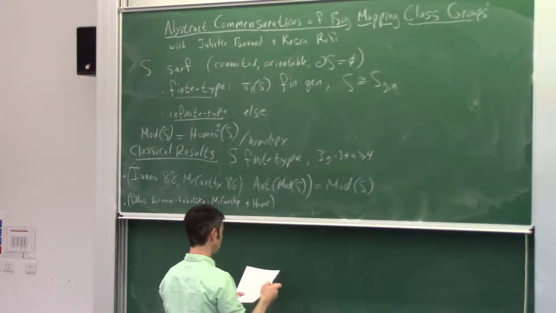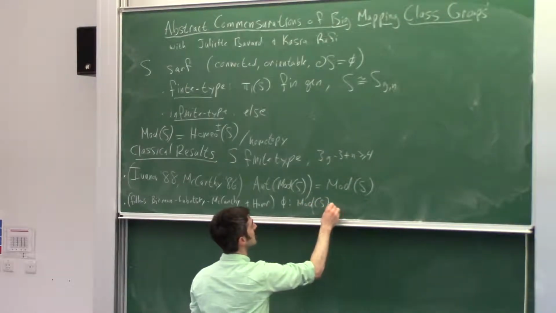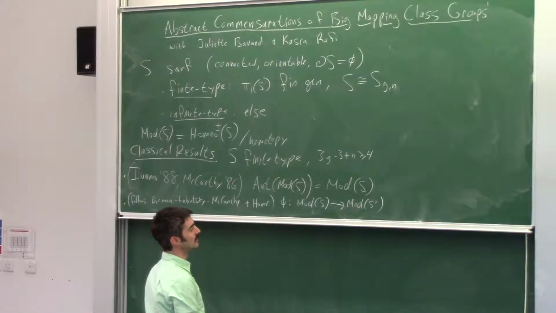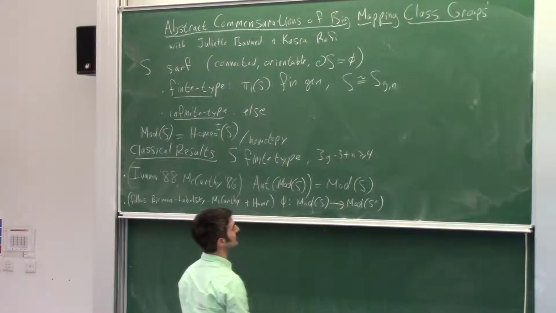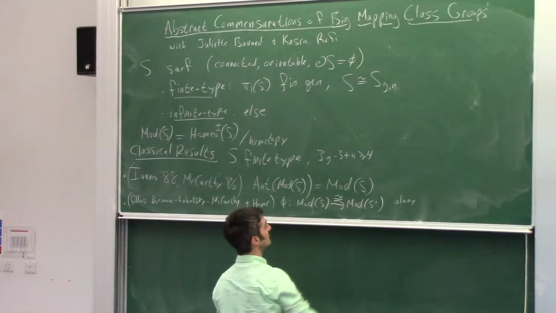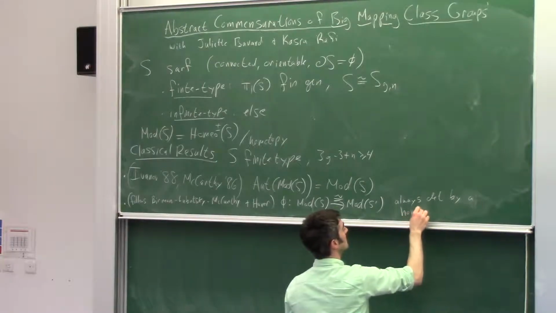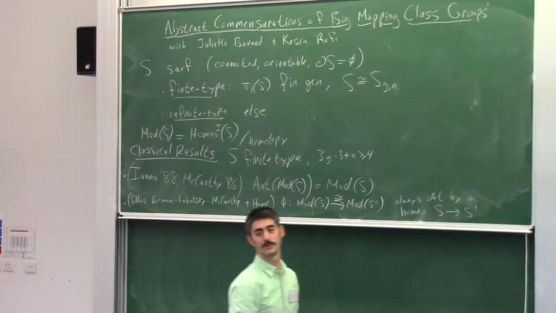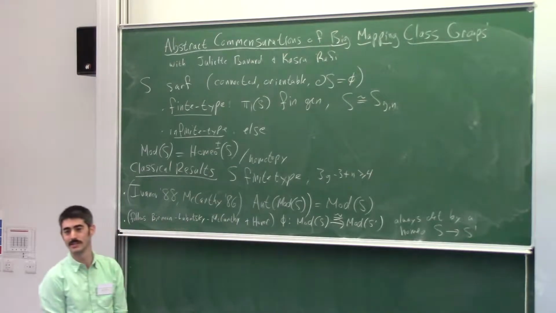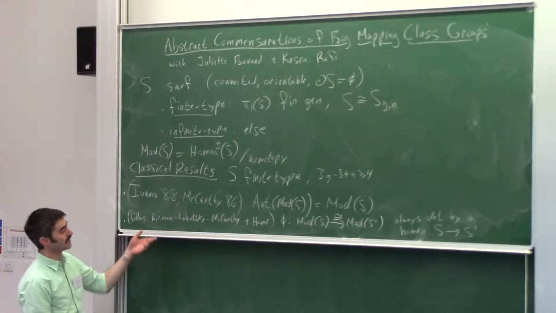So if I have an isomorphism between the mapping class group of a surface S and the mapping class group of another surface S', it is always determined by a homeomorphism. If you have two different finite type surfaces and their mapping class groups happen to be isomorphic to each other, then the surfaces have to be homeomorphic. So the surface determines the mapping class group, which determines the surface.